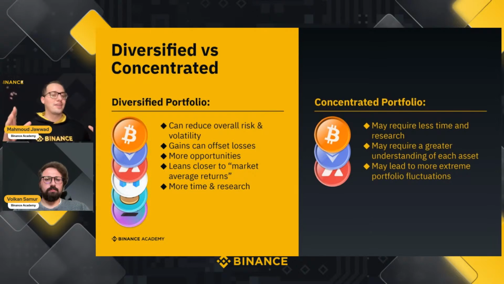Obviously, the crypto market is very fluctuating, very volatile. So yeah, by creating a diversified portfolio, you can try to mitigate this risk. Secondly, losses can be offset by gains, and keep your positions stable. And thirdly, your portfolio also has more opportunities to make gains with each coin you own.